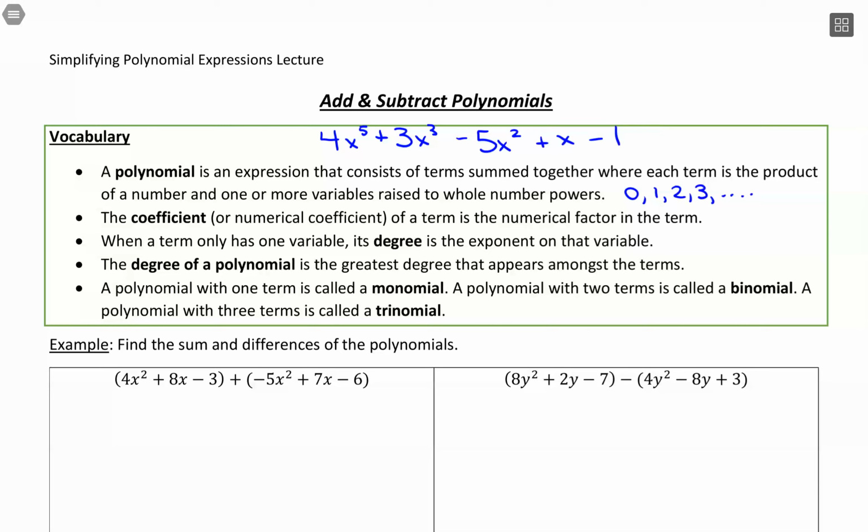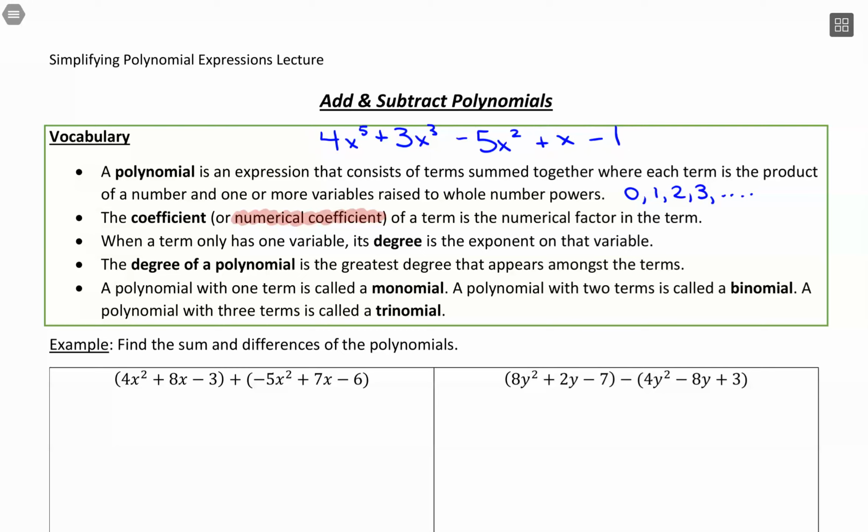So the key thing is that we're not seeing fractions or negatives in our exponents. They're just these positive whole numbers. The coefficient, or the more common term we use is the numerical coefficient, is the numerical part of each term. So 4, 3, -5, +1, -1, those are numerical coefficients.